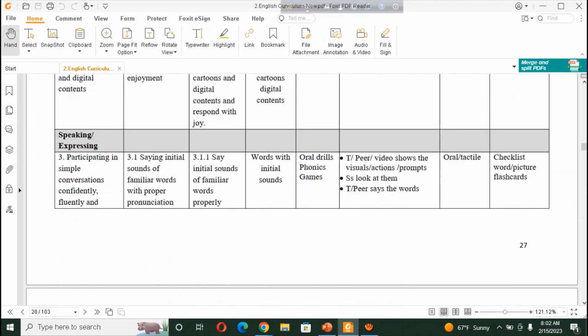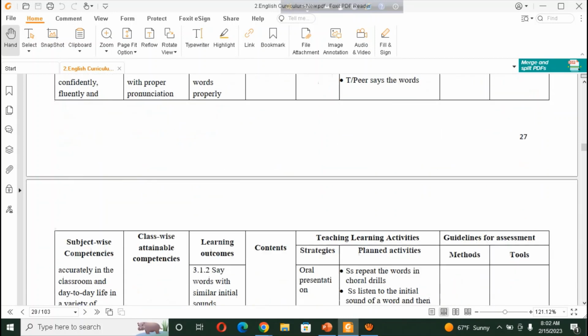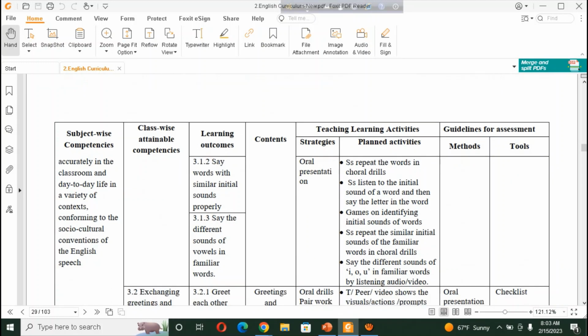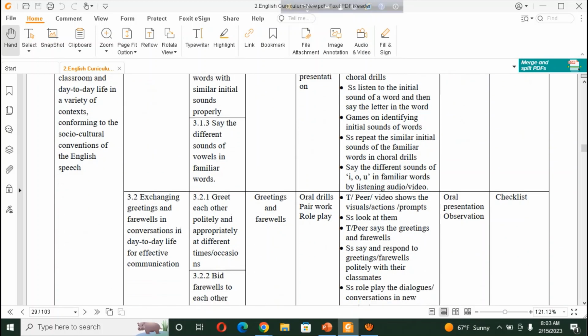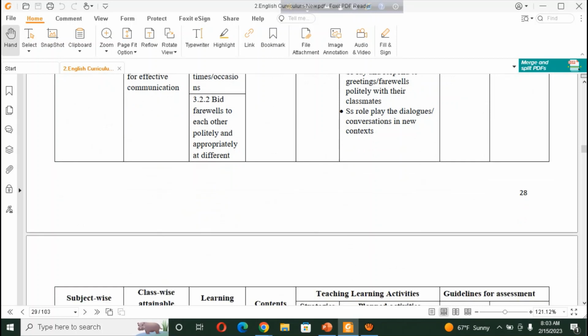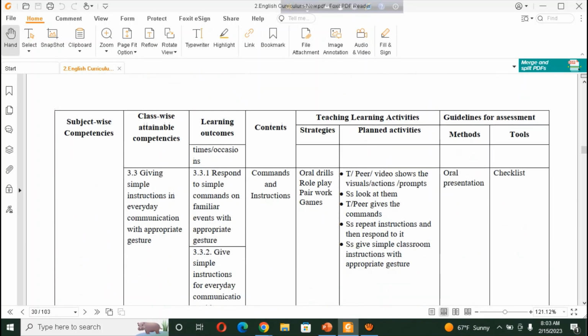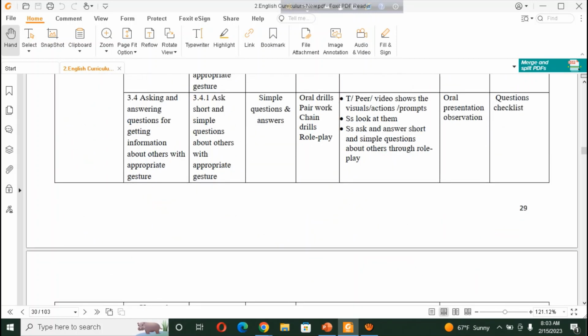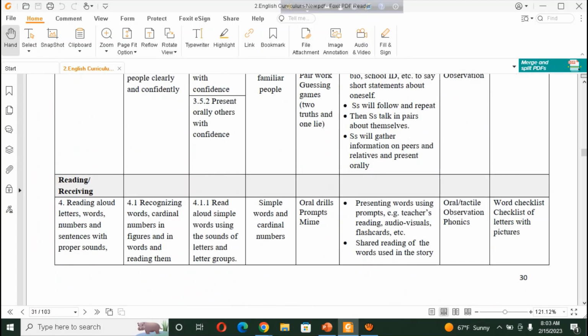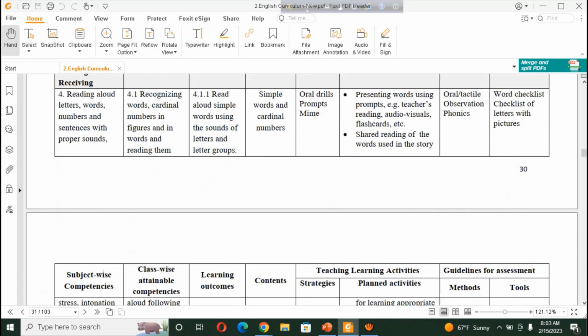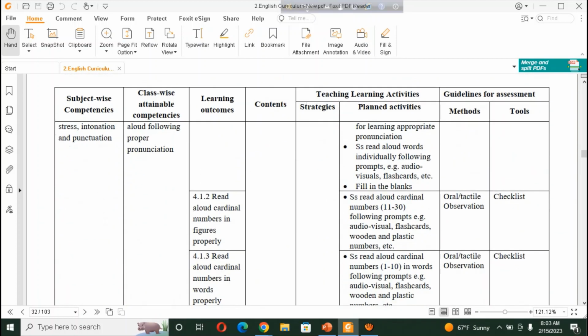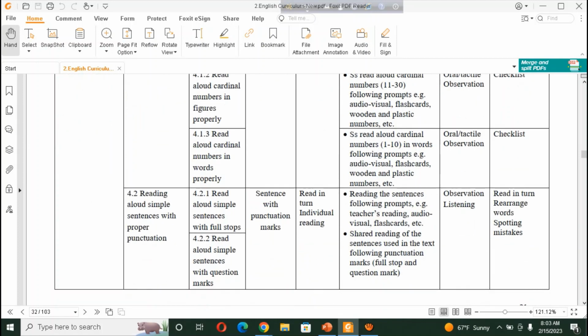In such a way, here is the detailed new English curriculum for class 2. For speaking or expressing skill, number 3, there are 3 learning outcomes, and 3.2 has 2 learning outcomes, 3.3, 3.4, and in such a way reading or receiving skills, number 4, 4.1, that is our LOs, learning outcomes.